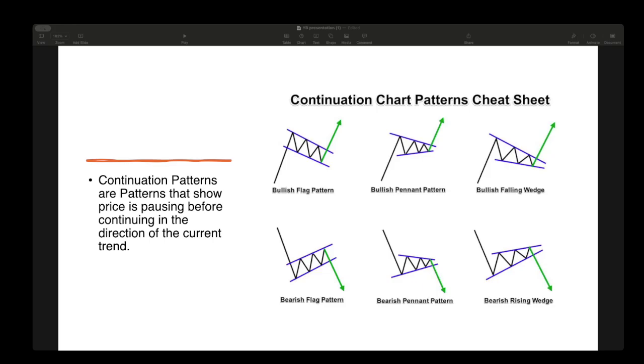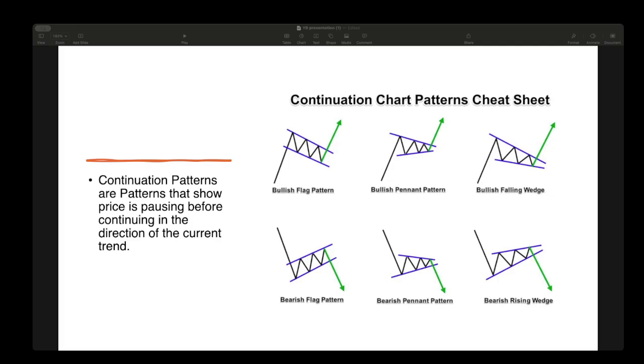So you see price make a big move up and you're not long yet. You want to get long. What the average trader will do is wait for price to set up one of these patterns, which is essentially just price pulling back in and getting tighter before eventually breaking out higher.